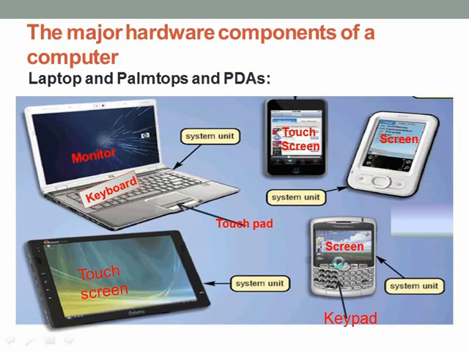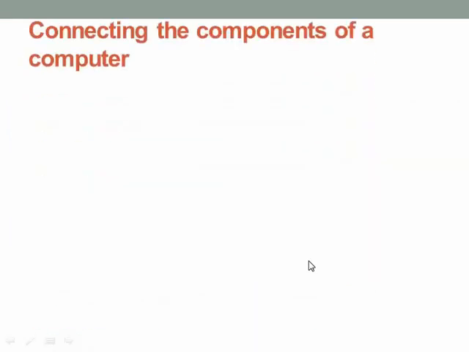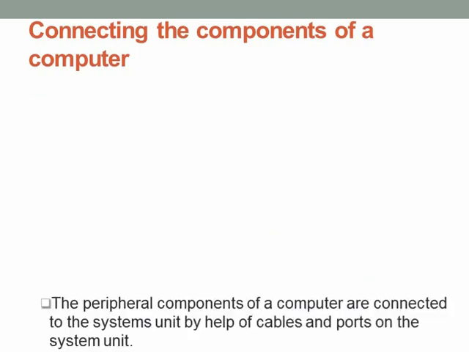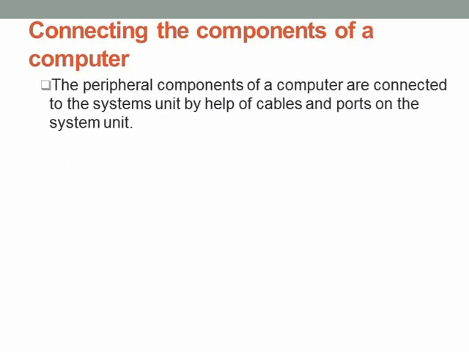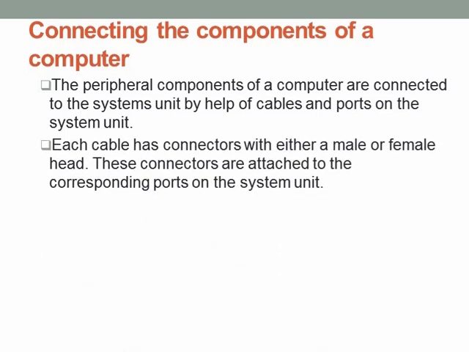Then let's look at how to connect the components of a computer. The peripheral components, like I told you before, are connected to the system unit by help of cables and ports on the system unit. Each cable has connectors with either a male or female head.